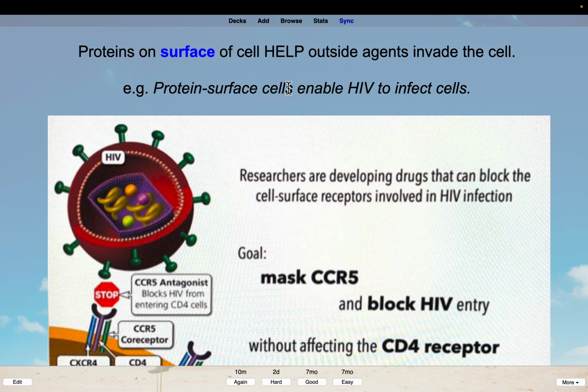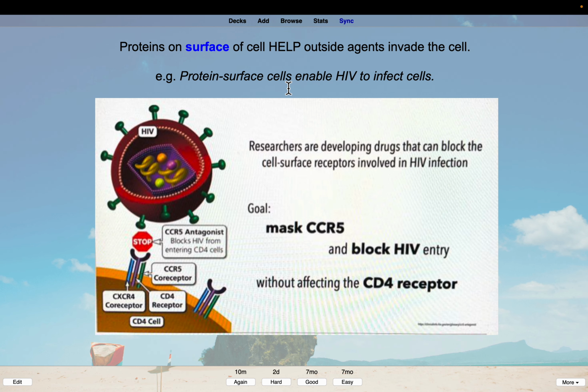Proteins on the surface of a cell help outside agents invade the cell. One application is that cell surface proteins enable HIV to infect cells. This is usually the case for most people, but not all people have the cell surface proteins that cause them to have HIV.